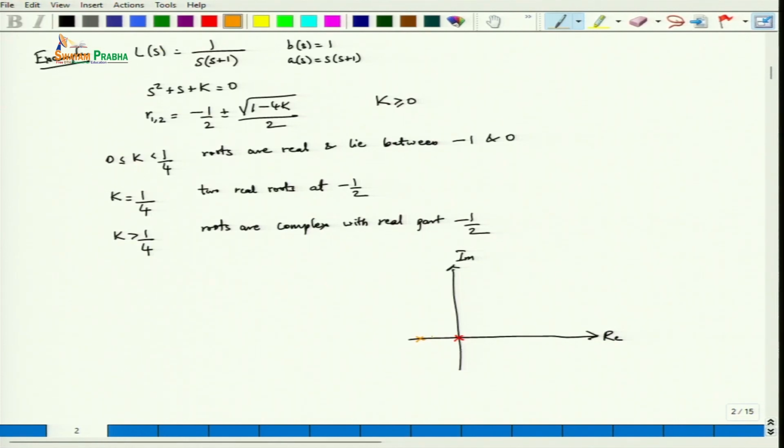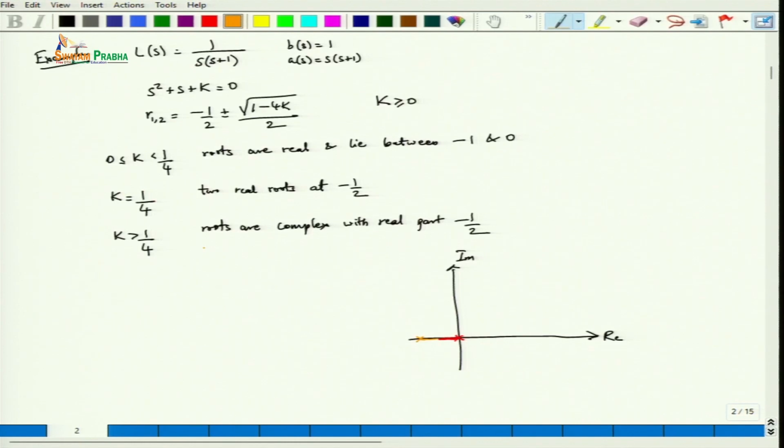Now as we increase the value of k, you will see that this particular path, the root here starts moving on this real axis. Similarly, from the other side it starts moving along this axis, and exactly at minus 1 by 2, when k is equal to 1 by 4, they will be both at minus 1 by 2.